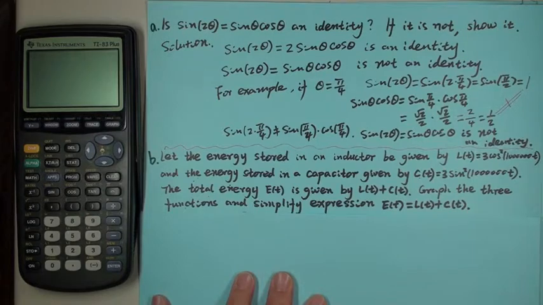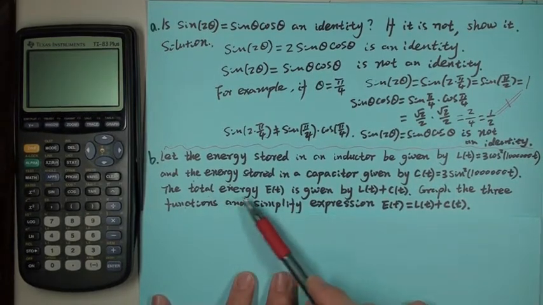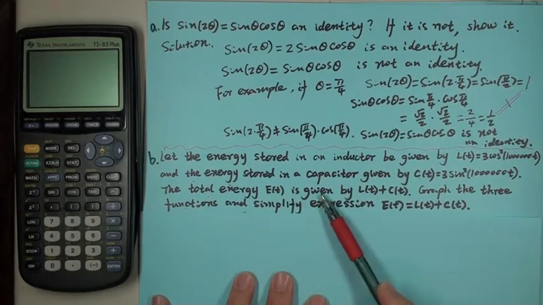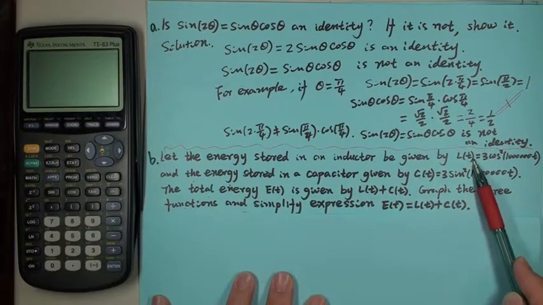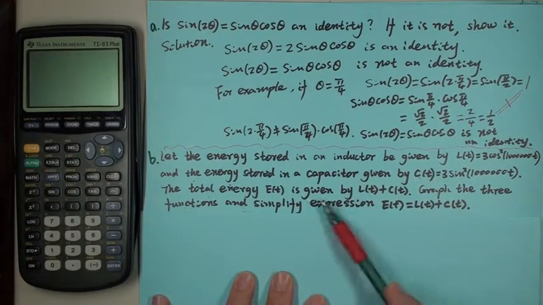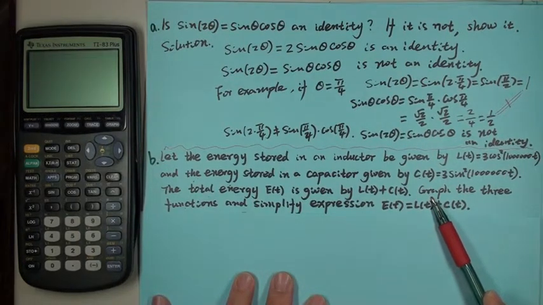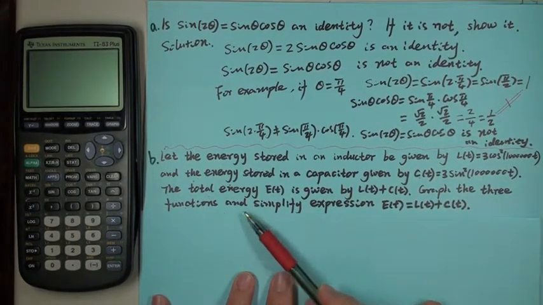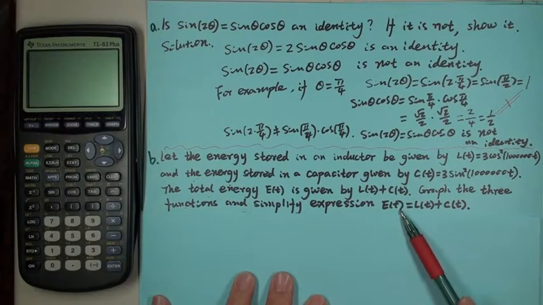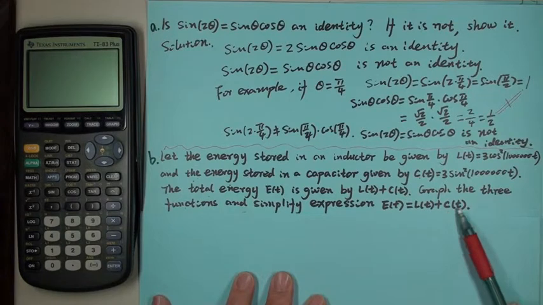The total energy E of t will be the sum of L of t plus C of t. And here is the question: graph the three functions and simplify the expression E of t, which equals L of t plus C of t.